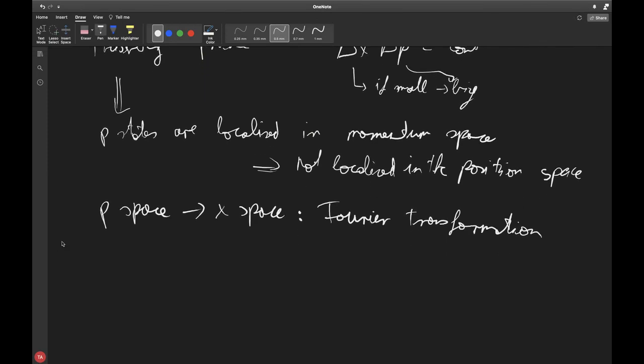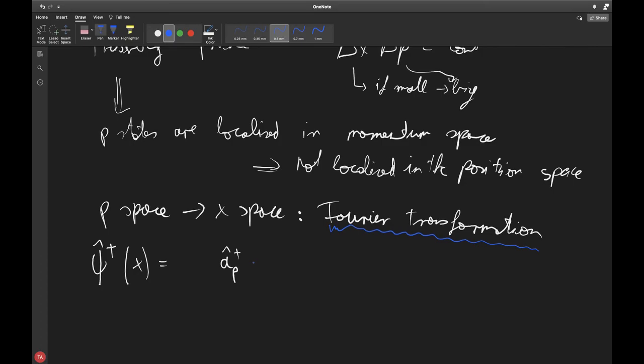So when we want to have a field creation operator that creates a particle at the position x, that's going to be denoted psi. Psi dagger was the one which created something, it's an operator, and it creates the particle at x, so that's important. Now we have an x in the body of the operator. What we will do is that we will have the operator that created something at the p position, and we will apply the Fourier transformation on it. So the Fourier transformation is what I have with the blue.